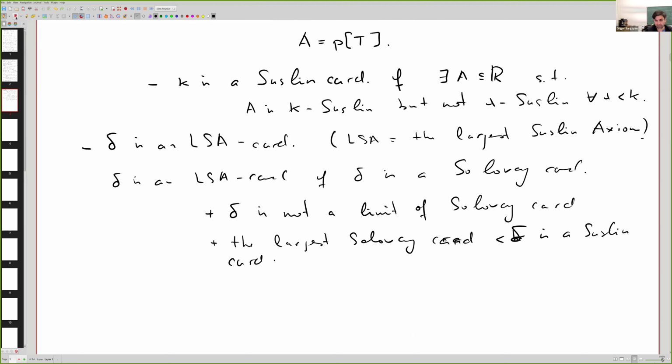Okay, that probably is difficult to explain. Sorry, I see, it's correct. The largest Solovay cardinal less than delta is the largest Suslin cardinal.